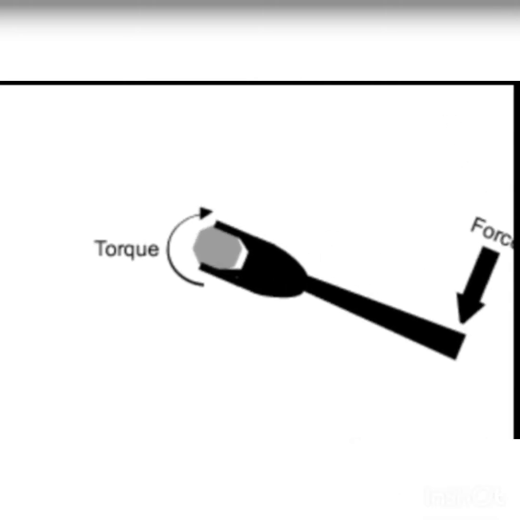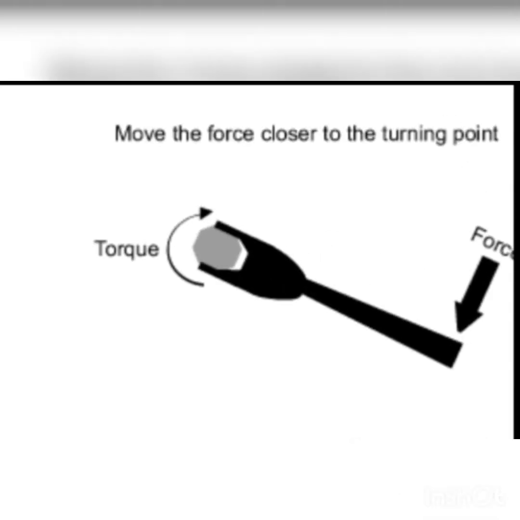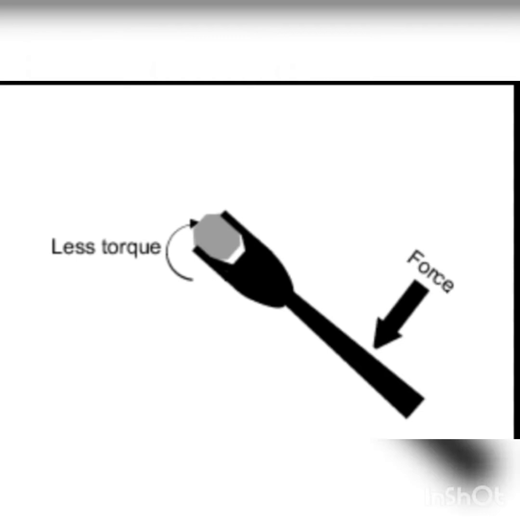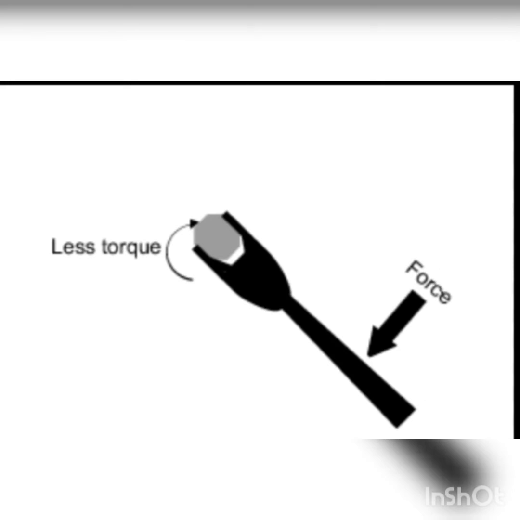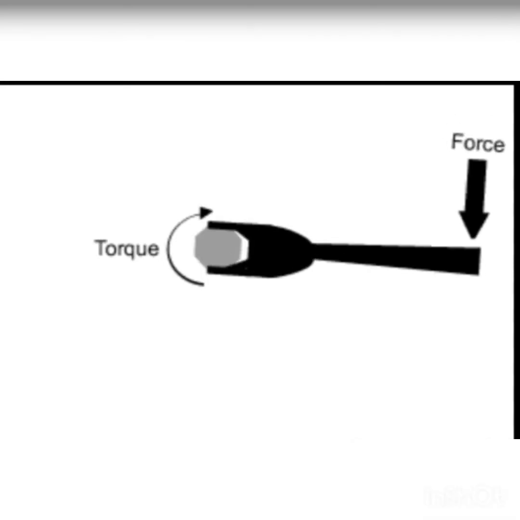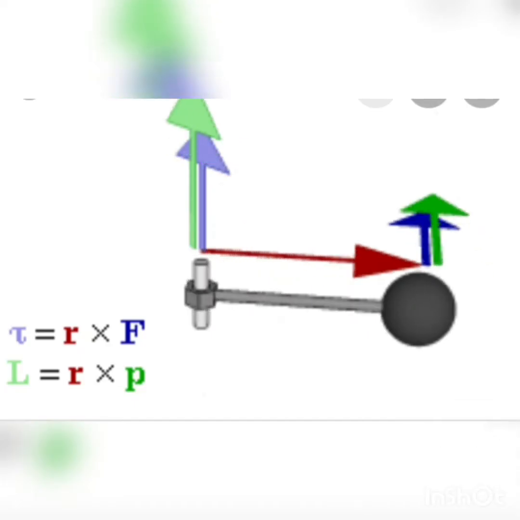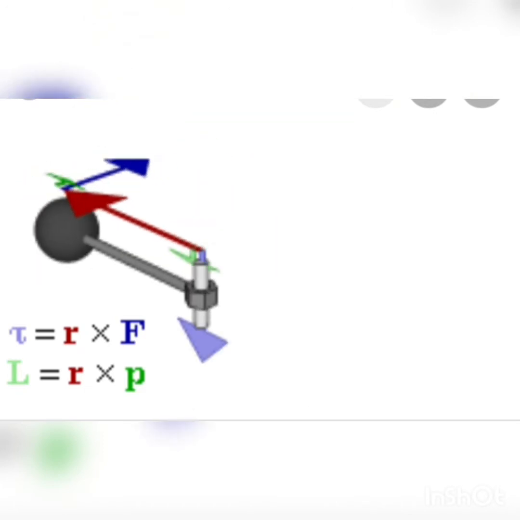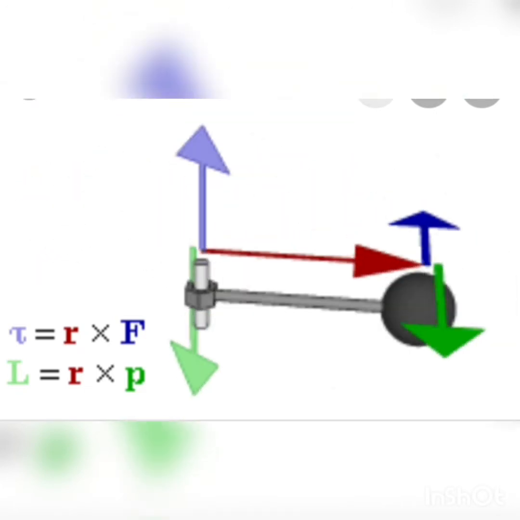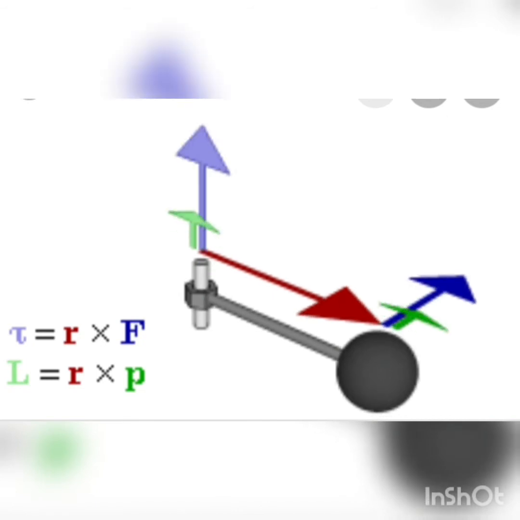A torque applied to an object will cause it to rotate around a pivot point or an axis of rotation. Torque is a force exerted at a distance from an object's axis of rotation. So, torque is nothing but the tendency of force to produce a rotation.